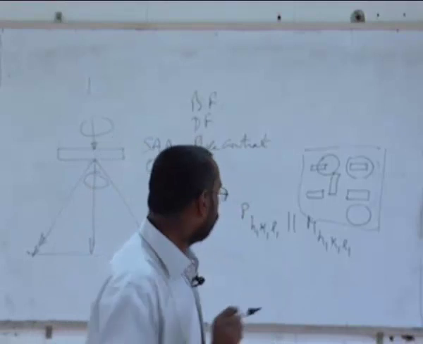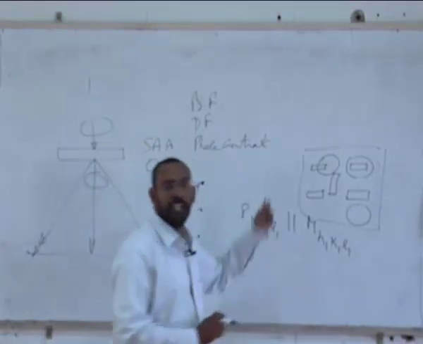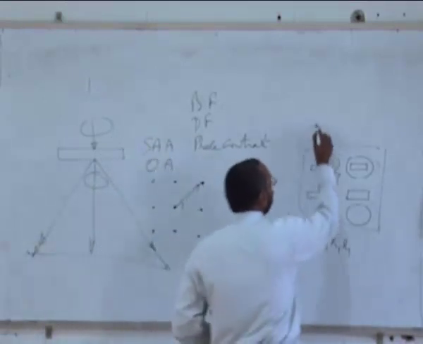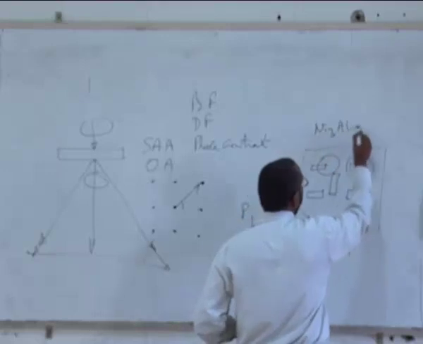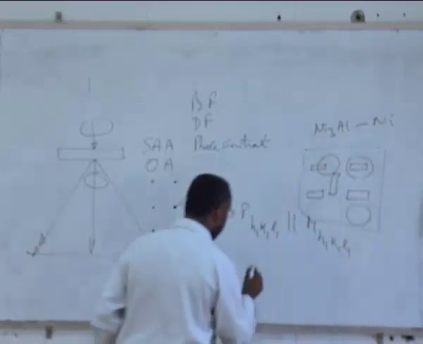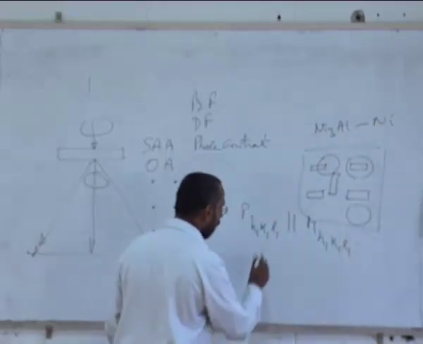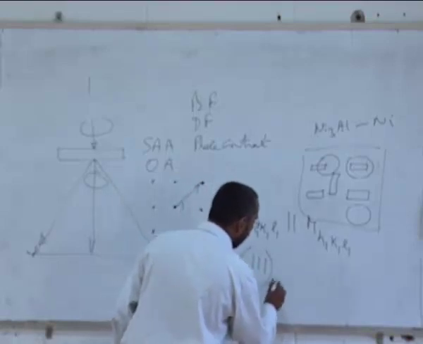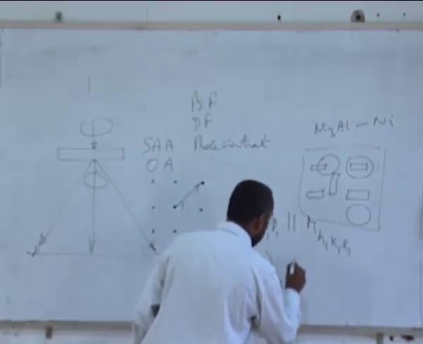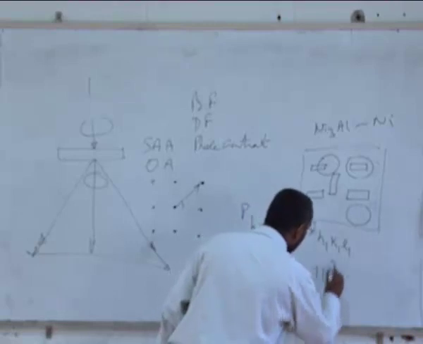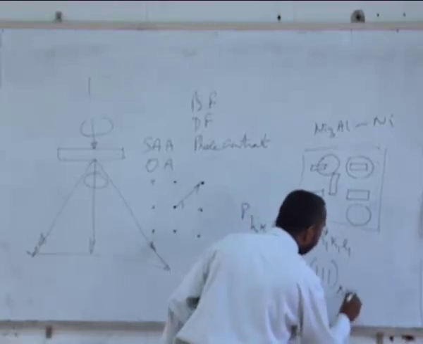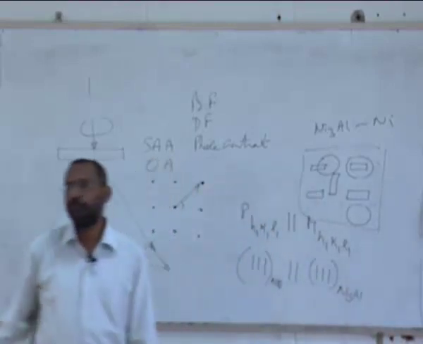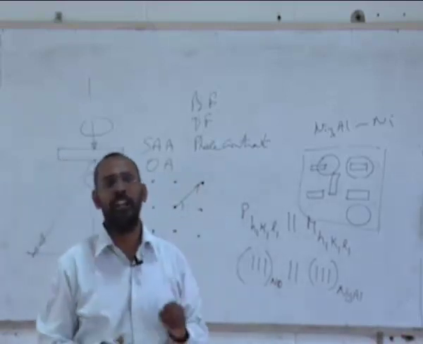And this is what you can see. Generally, if you look at Ni3Al and nickel matrix, for example, you can see that the 111 plane of the Ni and the 111 plane of the Ni3Al will always be parallel to each other. That is what is called coherency.